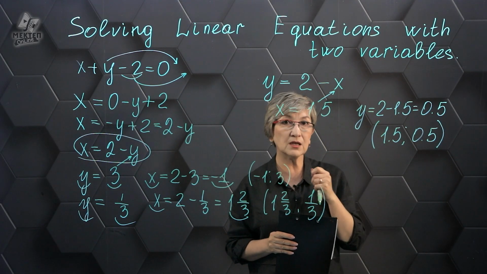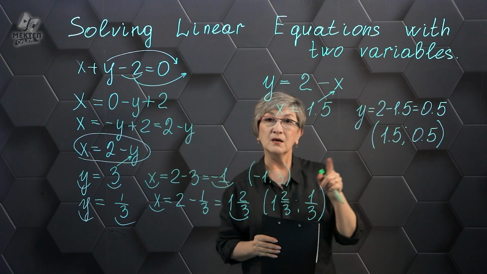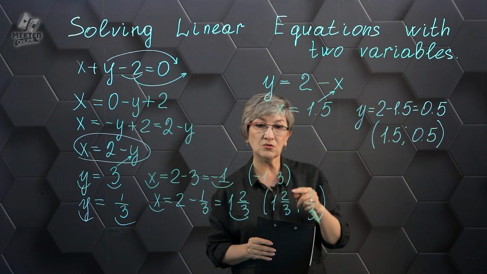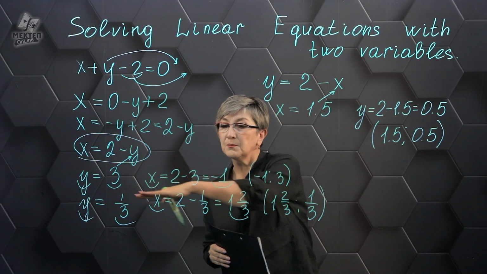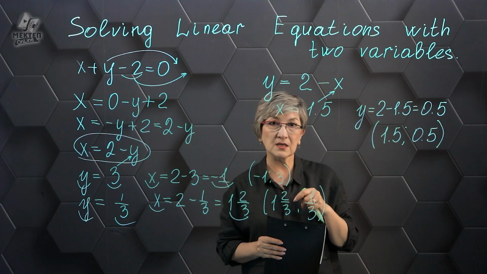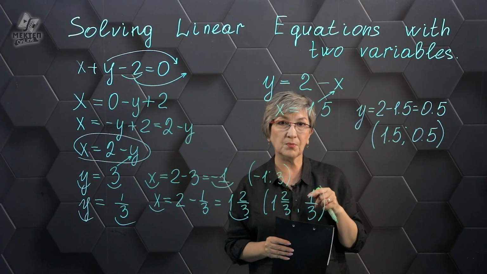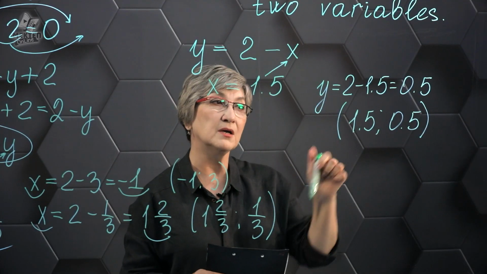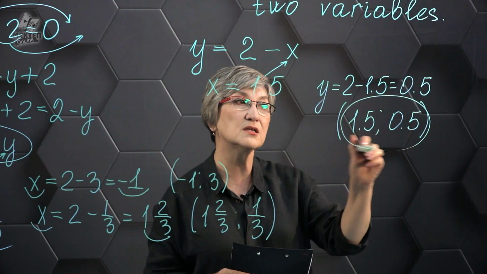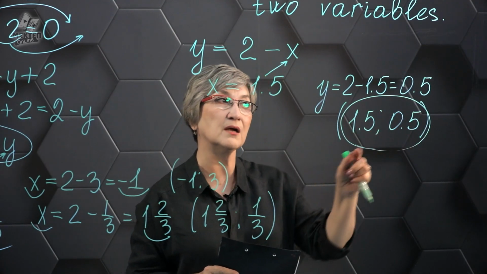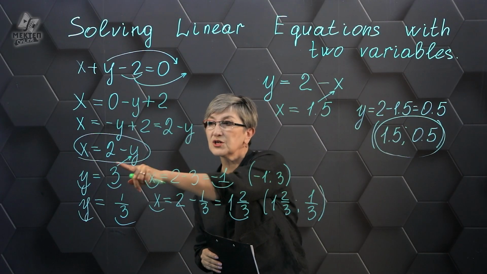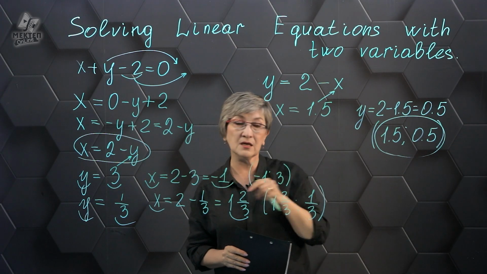That's another pair. But you may notice that in solving the first part of our problem, we didn't get this pair of numbers. But let's check if this pair of numbers is the solution to our equation. In the first part of our assignment, we gave the value of y.